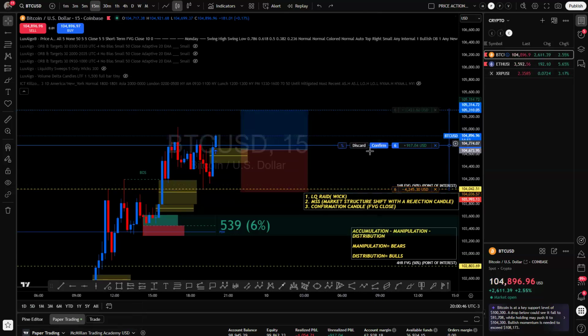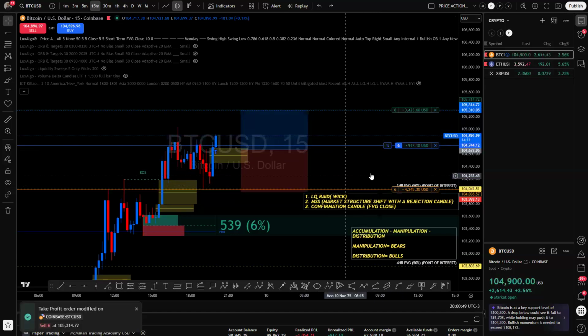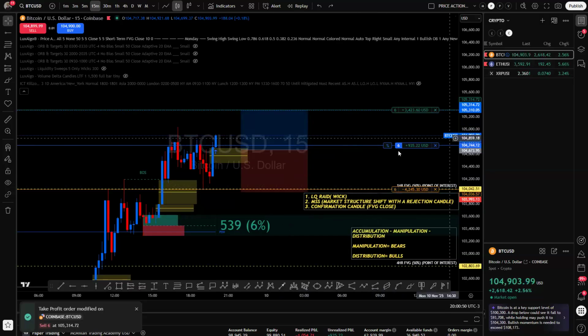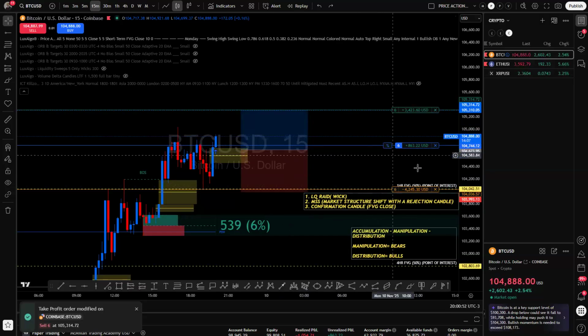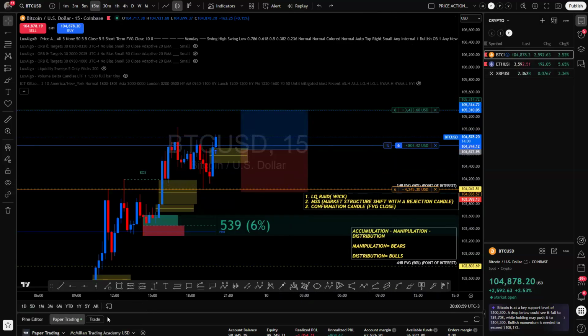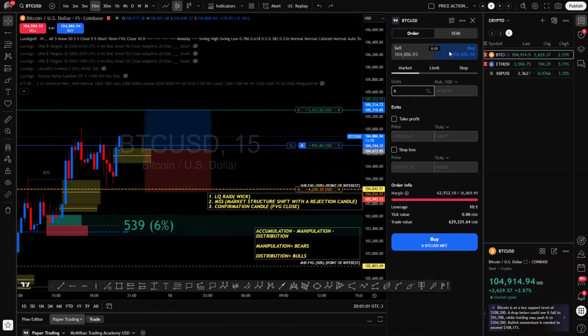I'll pull it up to here. And then I learned how to close partials in doing trades like this in TradingView. So once I get to a certain profit, I'm going to go to here, hit sell, and then put in 5 to close a 95% partial.